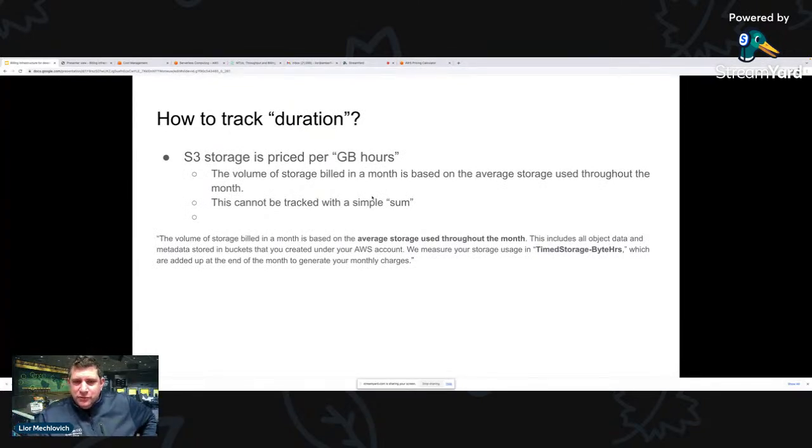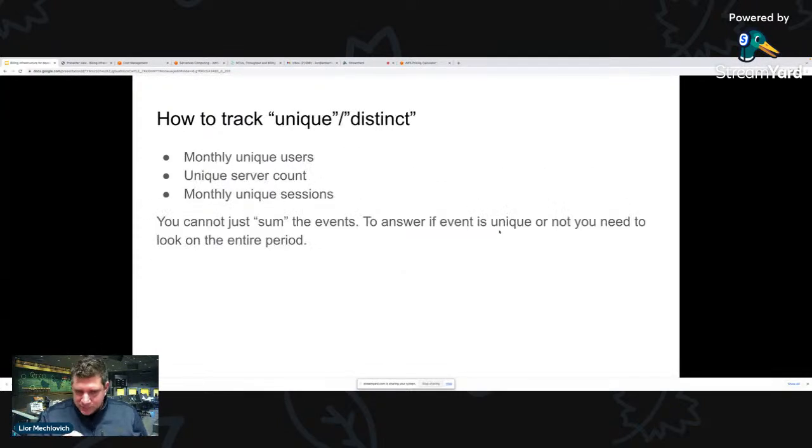So S3 storage and many infrastructure pricing about storage is the average storage used throughout the month. So it's not just a sum. If you use 10 gigabytes for 15 days and 0 afterwards, you'll just pay for 5 gigabyte-months. Sometimes hard to understand. That's one.